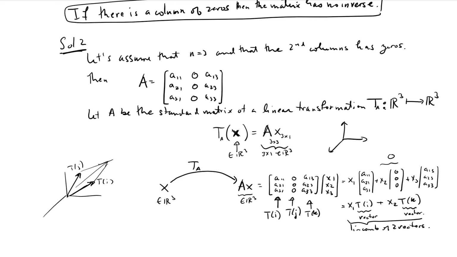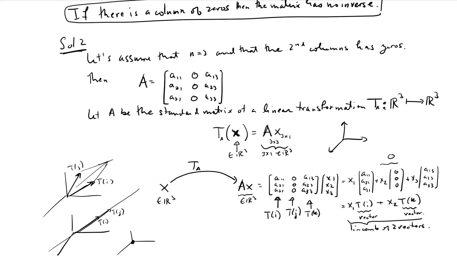If they are parallel, one on top of the other, so T of I here, T of j there, then I'm going to get points on a line. And maybe there's an even worse case where T of I and T of j are both 0, in which case I'm just going to get the origin.